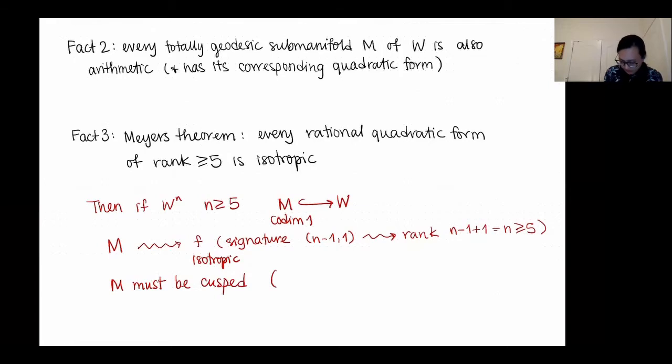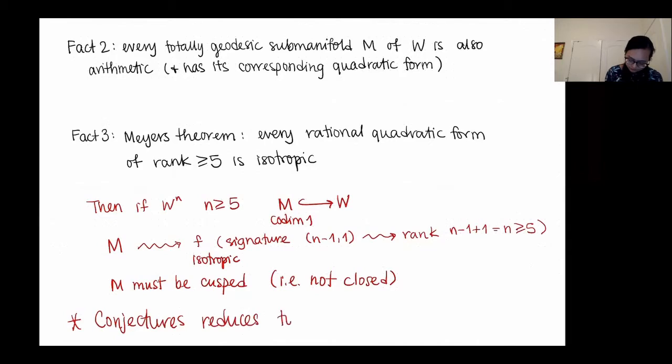So it is not a closed, totally geodesic embedded submanifold. Okay, so the conjecture reduces to dimension 4.